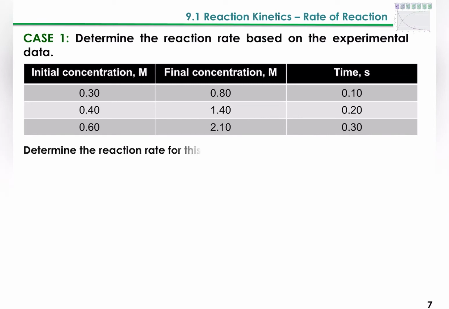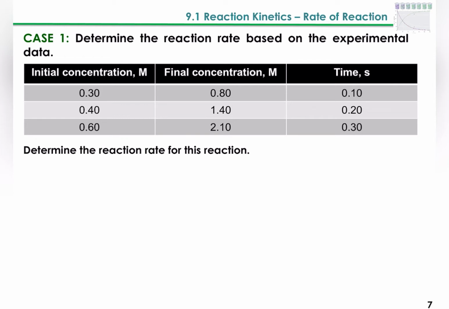So in order for you to determine the rate of reaction for this experiment, you have to know that there are 3 rounds of experiment that had been conducted. And you see here, you got initial concentration and final concentration, as well as the duration for that experiment. So how do you determine it?